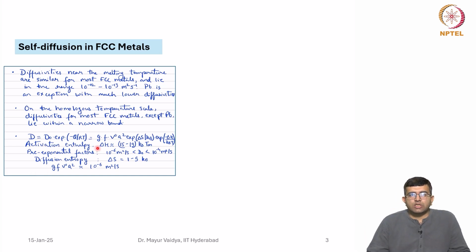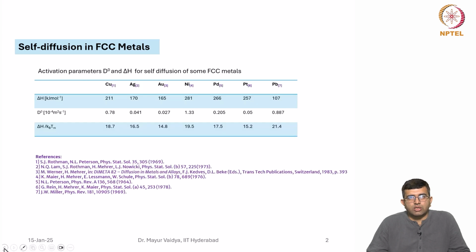And we already know this Arrhenius relation, D is equal to D naught exponential minus Q by RT. And the activation enthalpy for FCC metals lies in the range of 15 to 19 kBTm. This is what was shown in this table also. So, you can see that for most of the FCC metals except lead the diffusivity lies in this range.